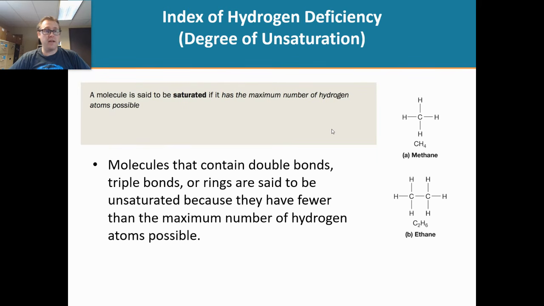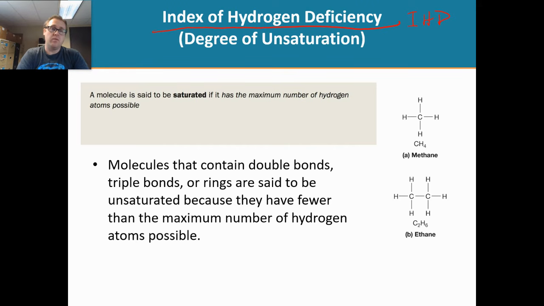Class, another technique and tool that we're going to have in our toolbox that will help us determine the structure of molecules is the index of hydrogen deficiency, which we often abbreviate like this.